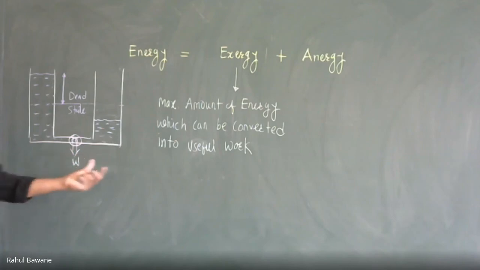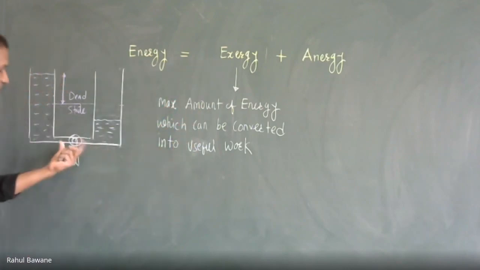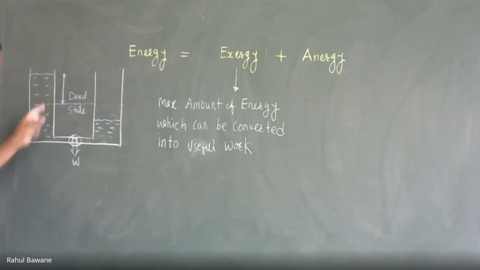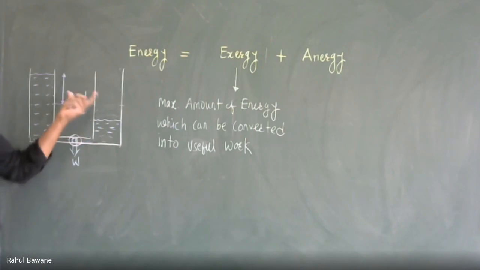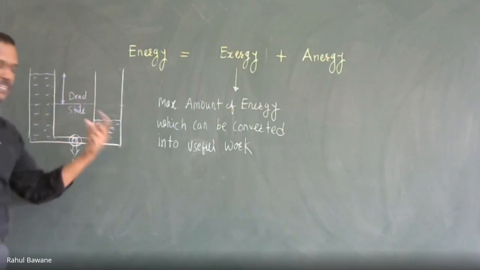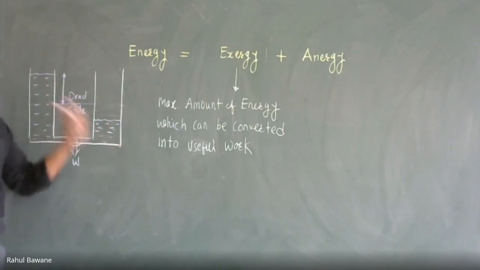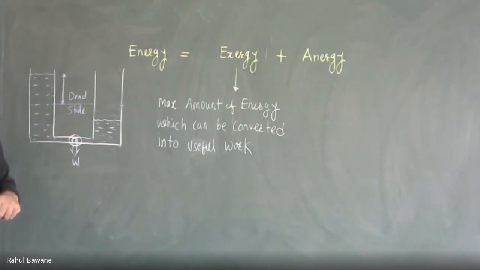But when we say exergy, exergy means when your system reaches the dead state, that much possible amount which can be converted into useful work, that is the exergy. Energy conversion also takes place in the other case, but it is not the maximum possible useful work. When is the maximum possible useful work?